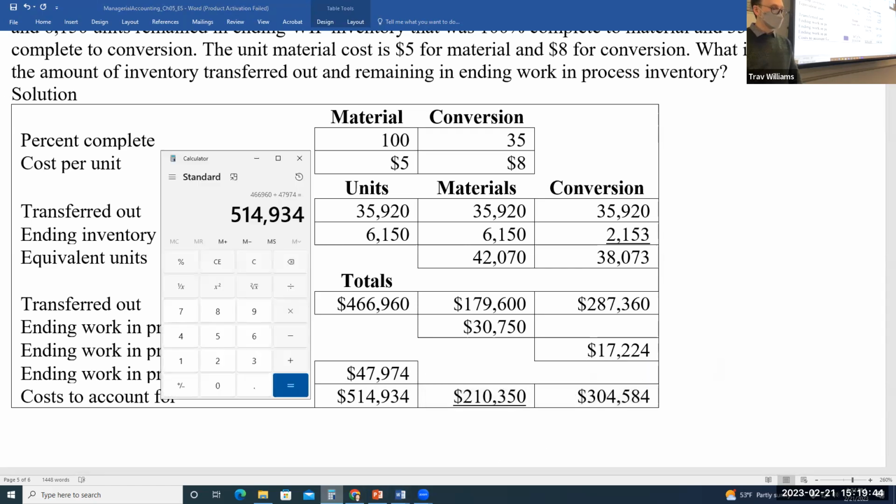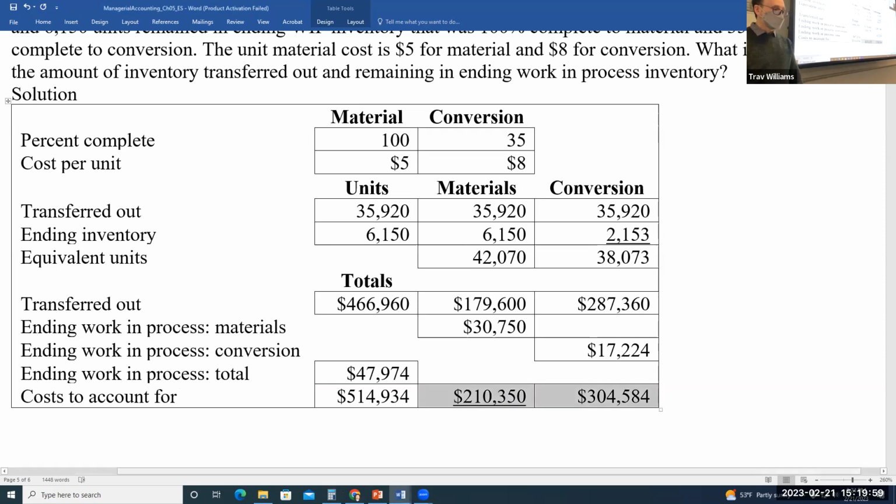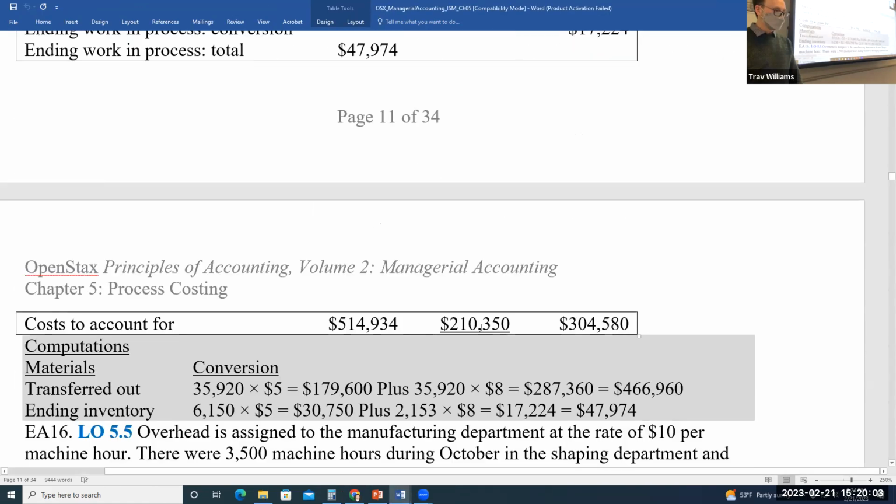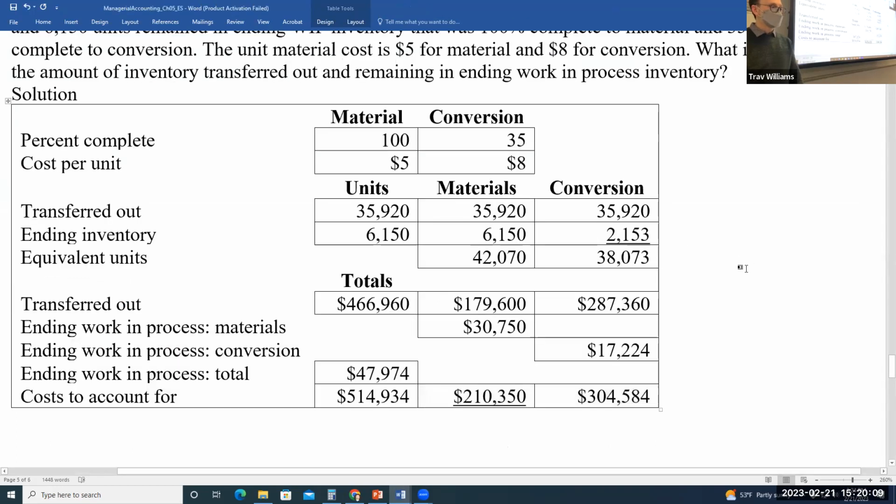Let's add those two numbers. I think what I probably did is I subtracted over here instead of adding. So this looks right. Let's check with the ultimate authority here. Yep, 514,934.